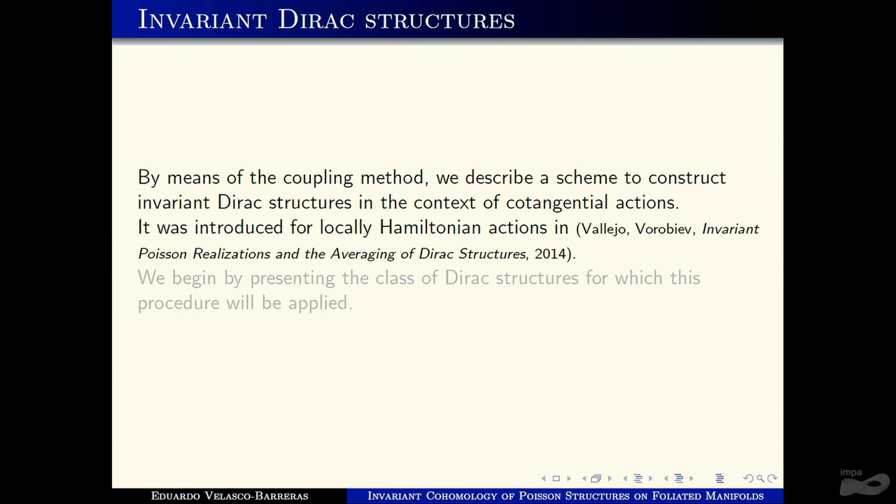But since we have shown that we have this Hannay-Berry connection for cotangential actions, this procedure can be adapted to this more general case. So we are going to describe now the class of Dirac structures to which we are going to apply this procedure.